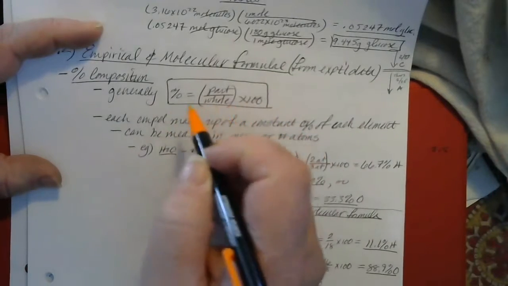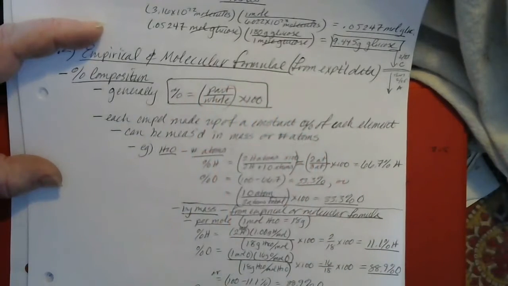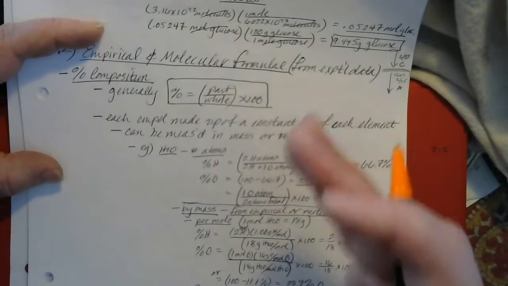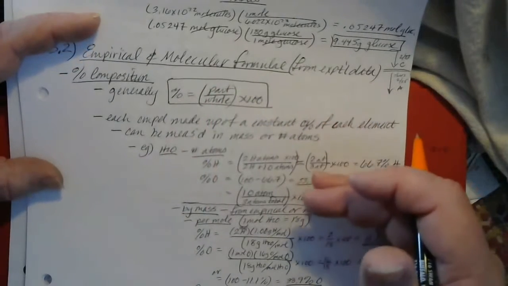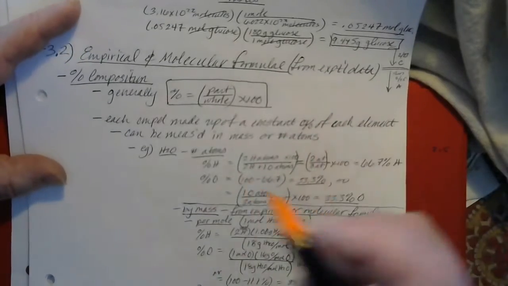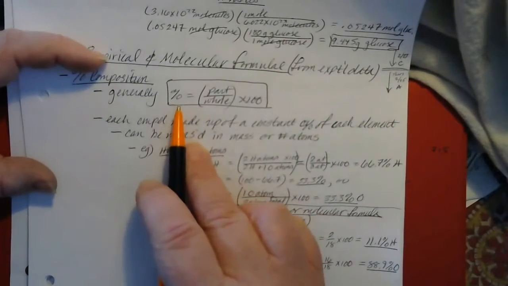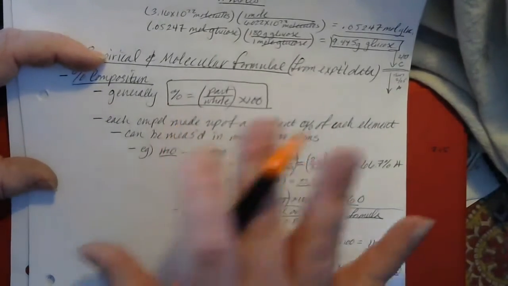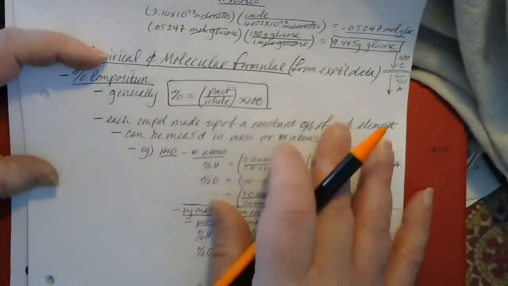So essentially what you're getting is how much of the substance is made up of the part you're interested in per 100 parts. So you can also think of percentage as being sort of parts per 100. That literally is what percent means, actually.